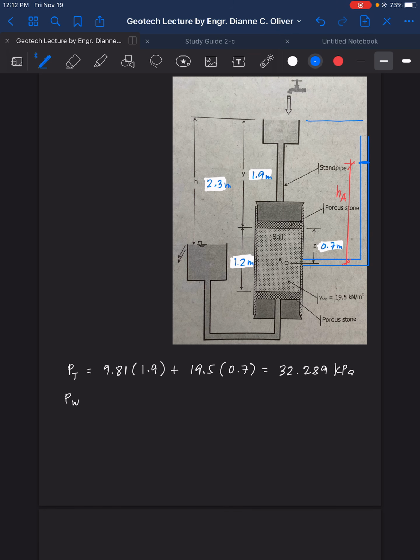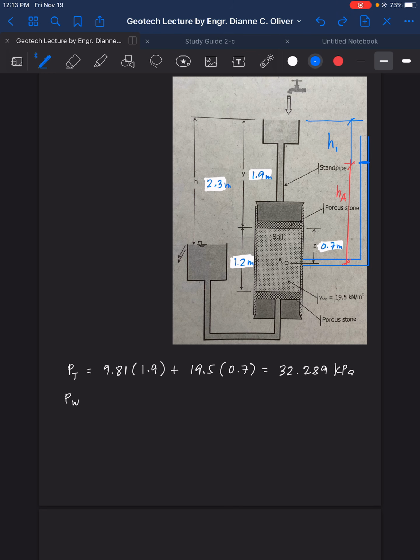Let's name this as H1. So what is H1 here? For H A, we will need 1.9 plus 0.7 minus H1. So how do we get H1 again?